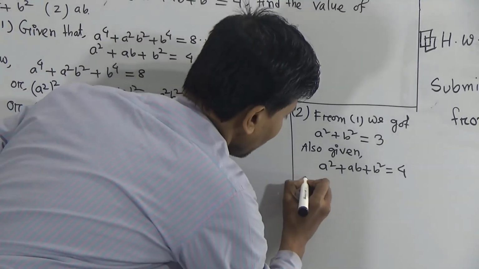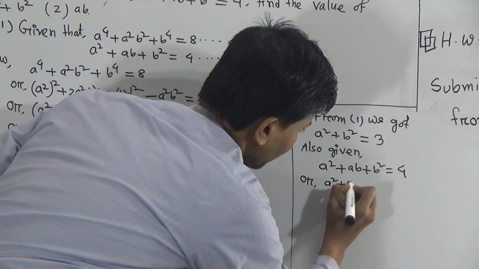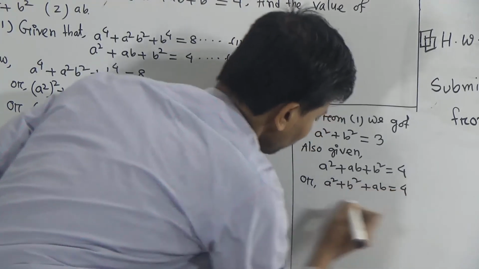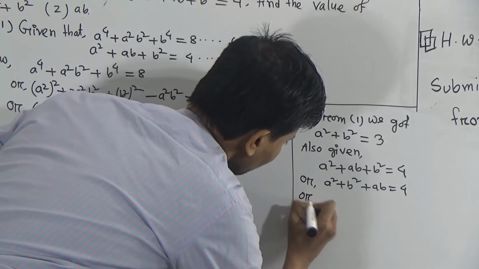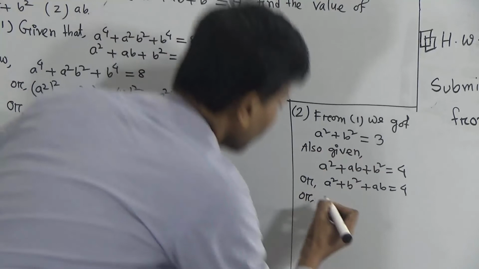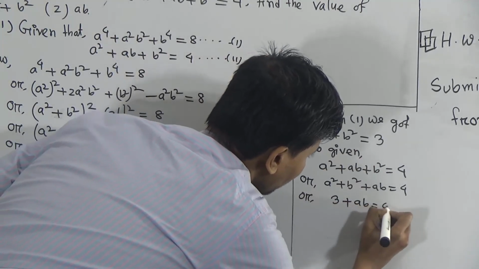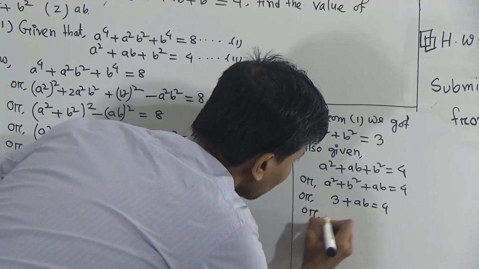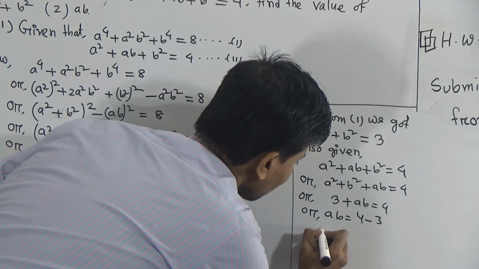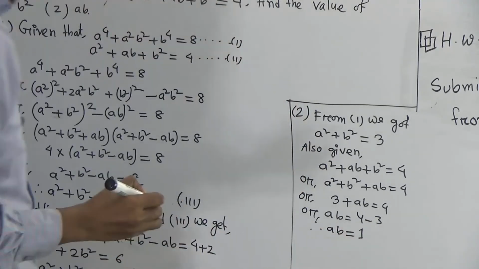Look. a square plus b square, put the value: 3 plus ab equals 4, or ab equals 4 minus 3, which is 1.